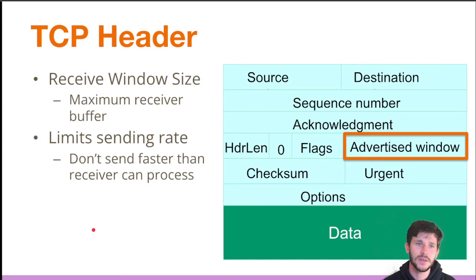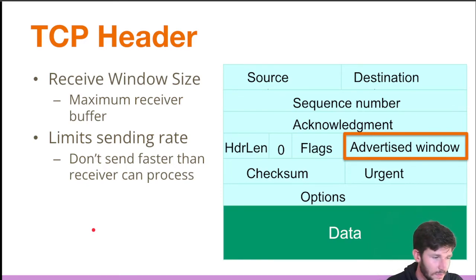And then we have an advertised window. This is how, in the initial handshake, one side tells the other side what rate they can accept packets at. So this is a way to not waste network resources, where the side that's receiving can tell the side that's sending at what rate it can process these packets.